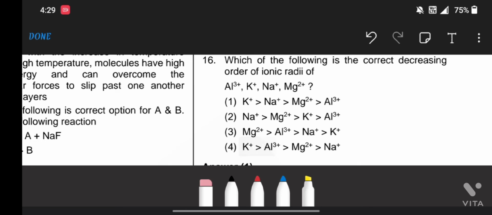Which of the following is the correct decreasing order of ionic radii of aluminium, potassium, sodium, and magnesium?